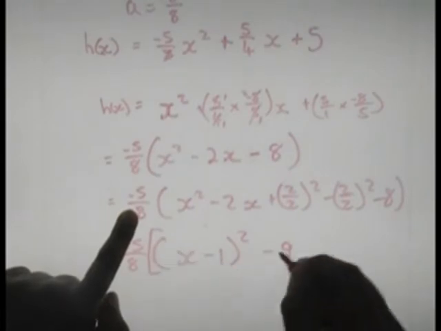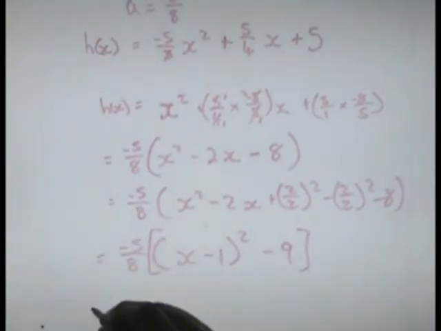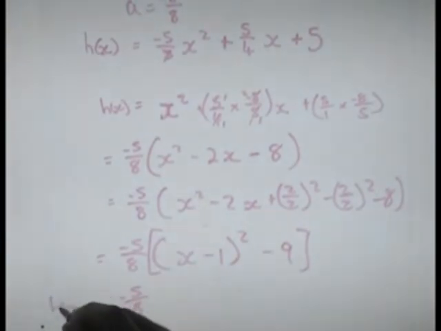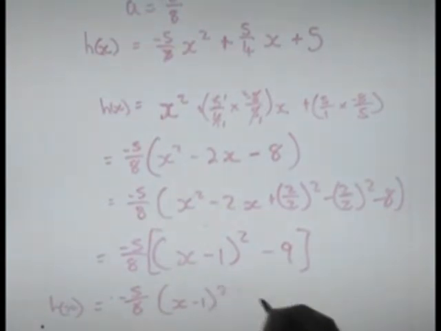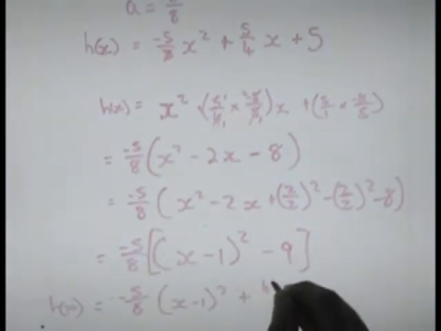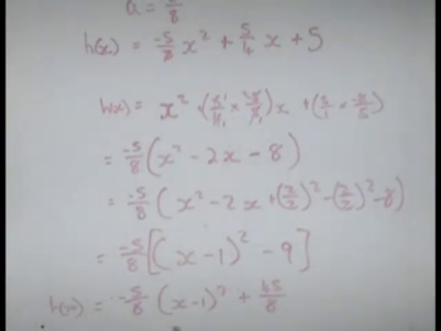Remember, it's still multiplied by that whole thing on the outside, so this will give us minus 5/8. This is h of x, by the way. Minus 5/8 times x minus 1 squared minus 9, times that is going to give me positive 45/8, and I don't need to simplify that any further.